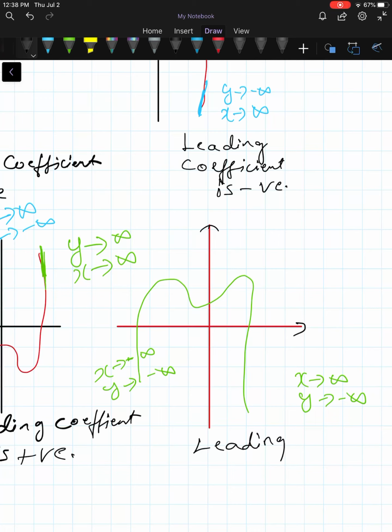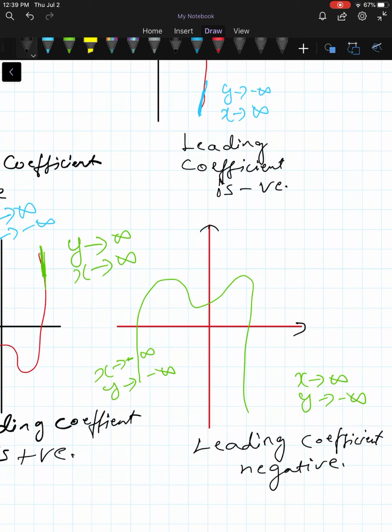Okay, so this will be an example for the leading coefficient being negative. That is how you judge the end behavior of a polynomial. Given a polynomial, you can determine it by judging the leading coefficient.